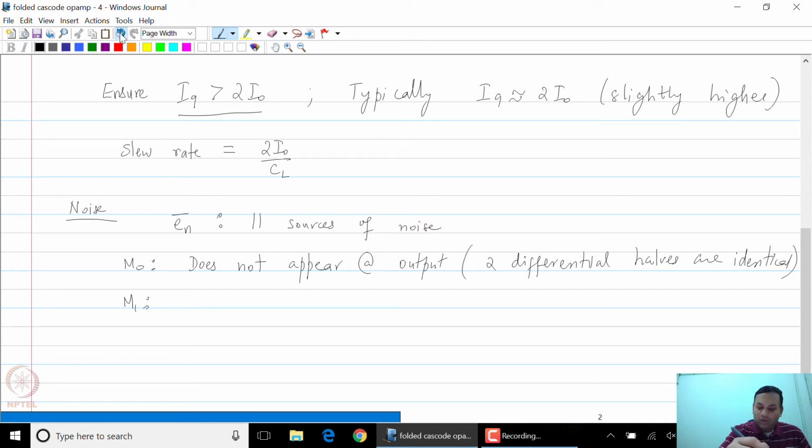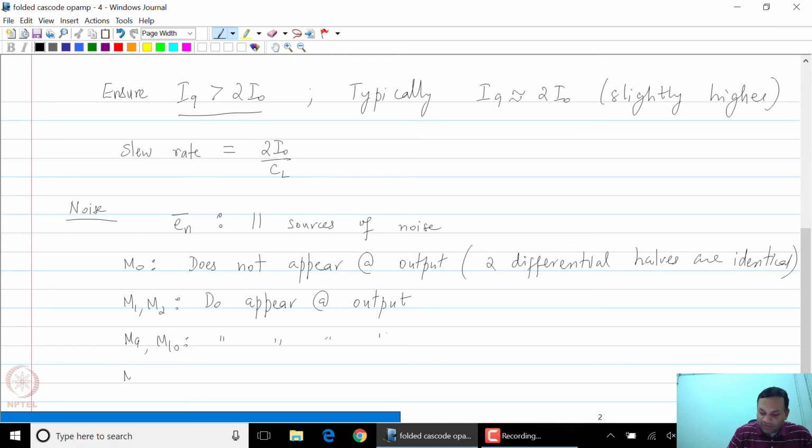What about M1 and M2? Of course, the noise of M1 and M2 follow the exact same path as the signal and do appear at the output. And similarly, noise of M9 and M10 do appear at the output.